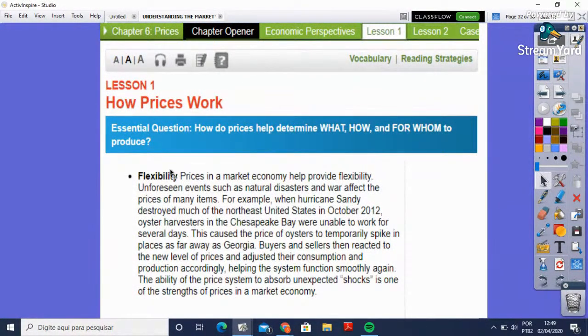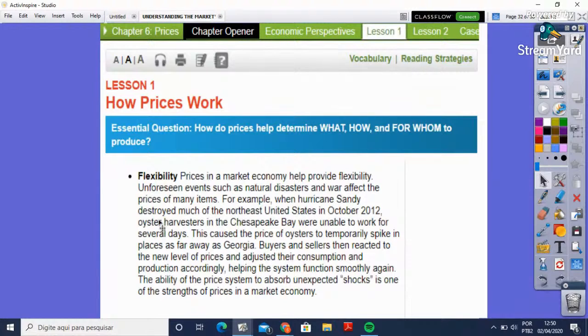What is also good about having a price? Flexibility. Prices in a market economy help provide flexibility for unforeseen events that are not expected. In this example in your book, they give you Hurricane Sandy, which destroyed much of the northeast of the United States in 2012. What happened?